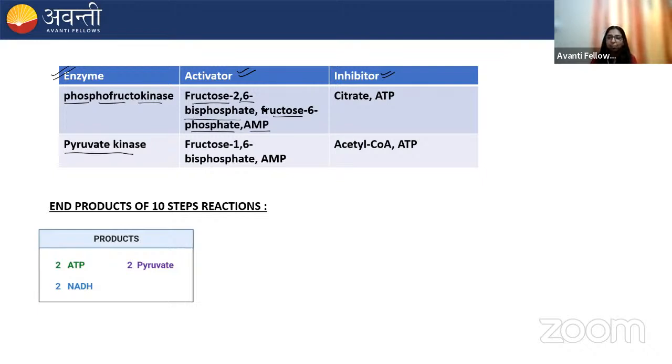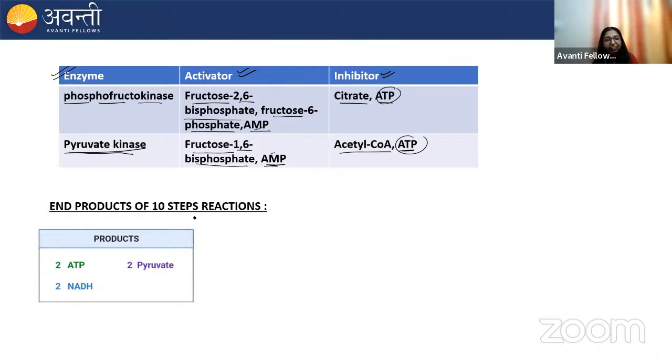Inhibitors are those which suppress or decrease the enzyme activity. So the inhibitors of phosphofructokinase are citrate and ATP. Similarly, for pyruvate kinase, the activators are fructose 1,6-bisphosphate and AMP, and the inhibitors are acetyl-CoA and ATP. Remember, ATP is the inhibitor for phosphofructokinase and pyruvate kinase, but AMP is the activator.